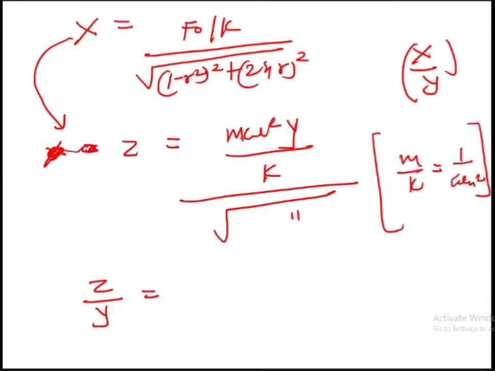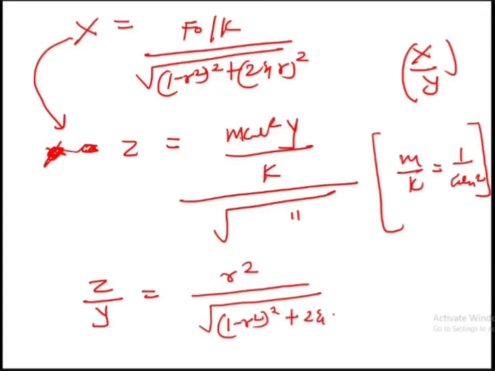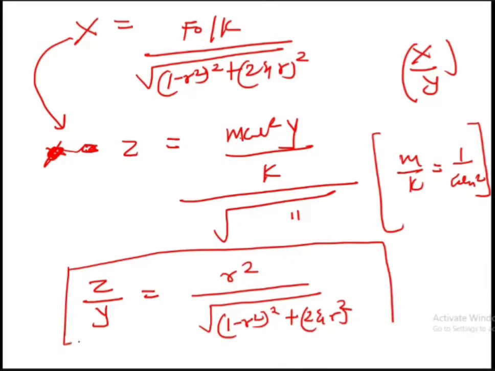So omega square divided by omega n square is nothing but r square, divided by square root of 1 minus r square bracket square plus 2 zeta r bracket square. This is called the ratio of the relative amplitude of mass m with respect to the absolute amplitude, that is the y, of the base. I hope you understand this.